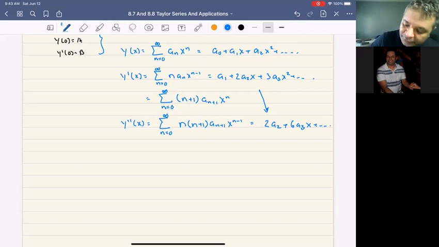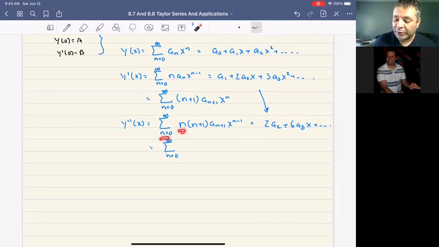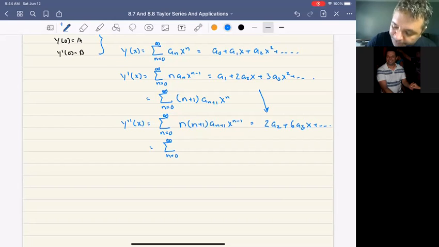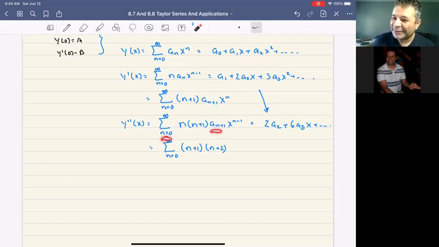So I'm going to write this as the sum, n goes from 0 to infinity. My first non-zero term here is when n equals 1. So I want this to be 1 and the first non-zero term here to be 2. So n plus 1, n plus 2. n equals 1 is the first non-zero term here, that's going to be a sub 2.